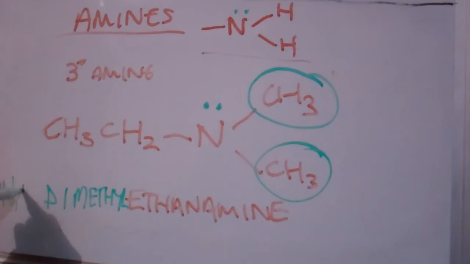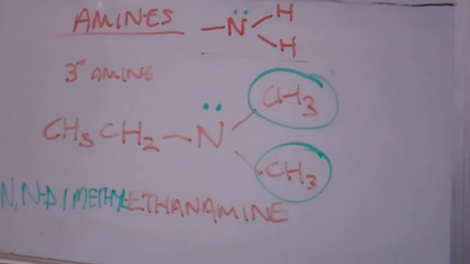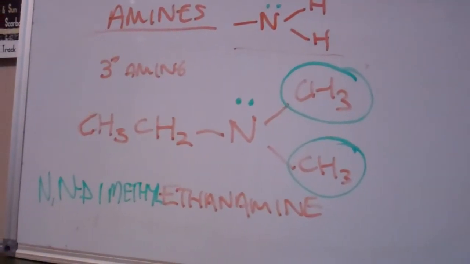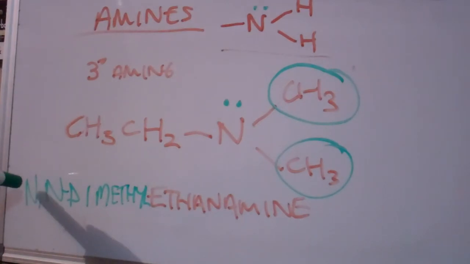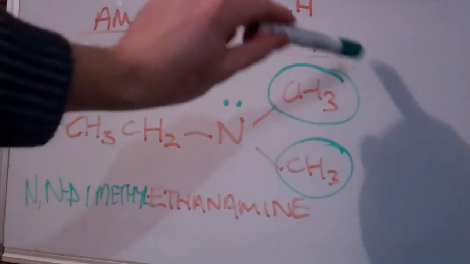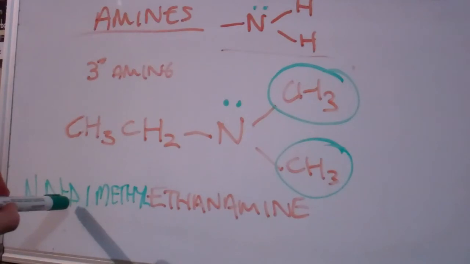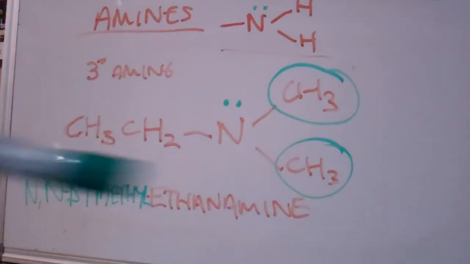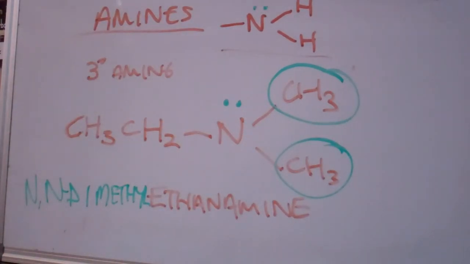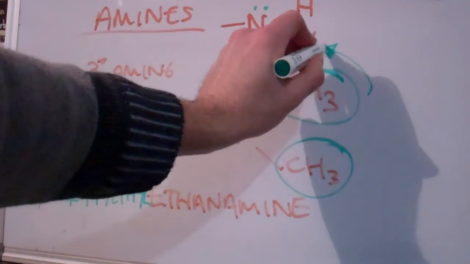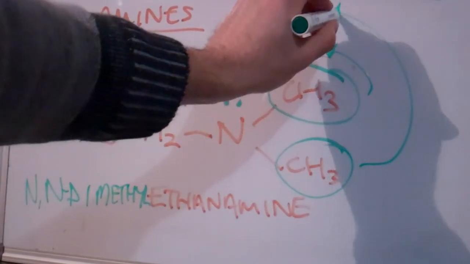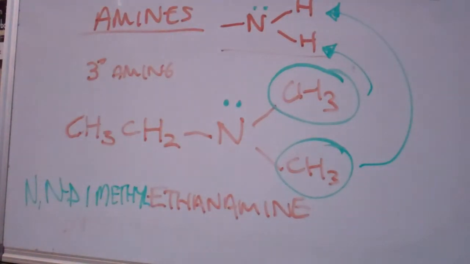And it's N,N-dimethyl ethanamine. Okay. So the first N is telling us that one of the methyl groups is attached to the nitrogen, and the second N is telling us that another methyl group is attached to the nitrogen. Okay. So it's when the methyl groups replace these two hydrogens, right? That's when you have to make note of it by including an N in the name. Okay, and that's naming amines.